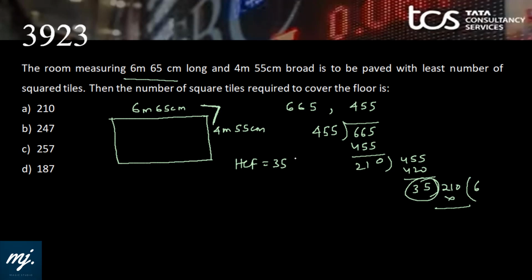That means the side of the square tiles we are looking out for is 35 centimeter. Therefore, number of tiles required is area of the room or the floor, that is 665 into 455, divided by area of 1 square tile, that is 35 into 35.